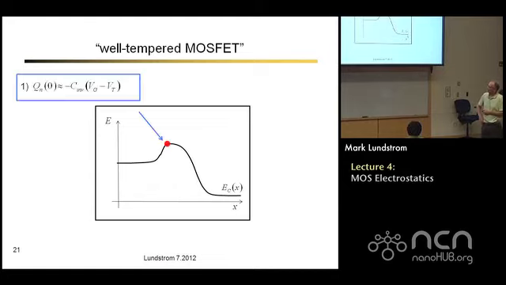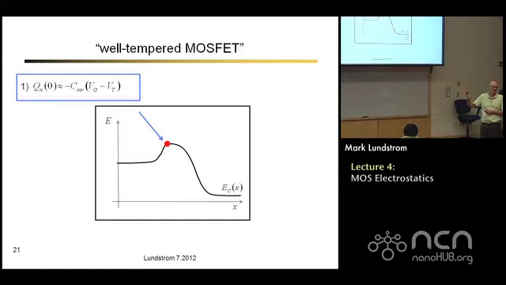Now, as I mentioned here briefly before, the goal of transistor design, what we mean by a well-tempered MOSFET, is one that has been designed so that 1D MOS electrostatics works at a point near the beginning of the channel that we call the virtual source. If you've done the electrostatic design really well, that works.